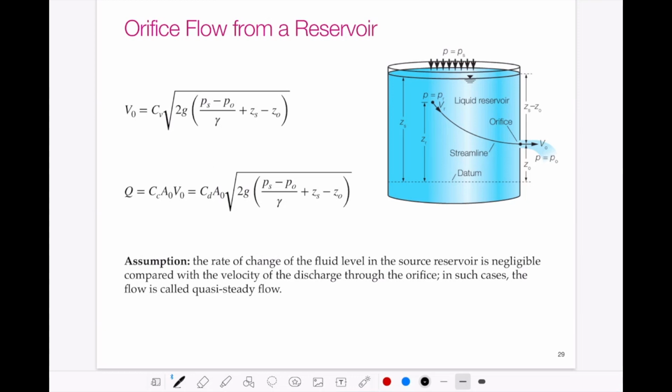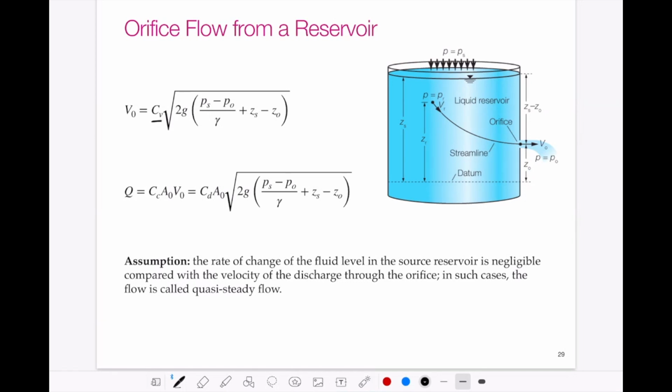The equation for the velocity exiting at this point, derived from Bernoulli's equation, just like we had from before, would now just be our velocity coefficient times the square root of 2g times the difference in our pressure, so the pressure at the surface minus the pressure at point 0 divided by gamma, plus the change in elevation Zs minus Z0.